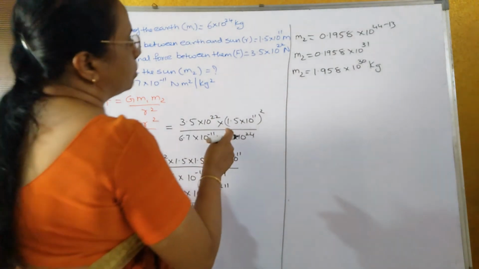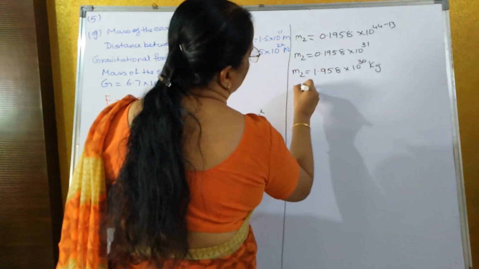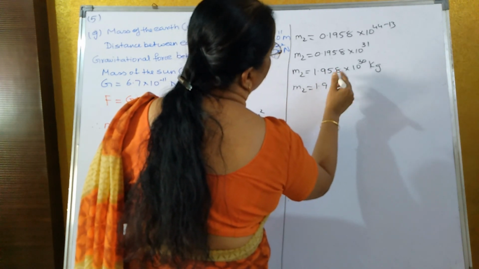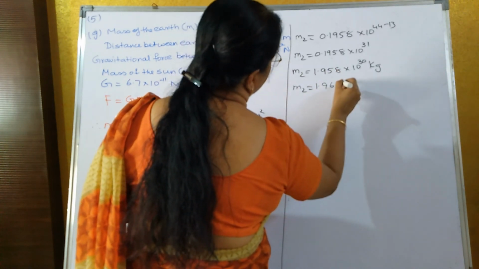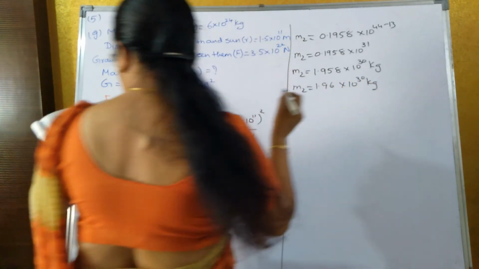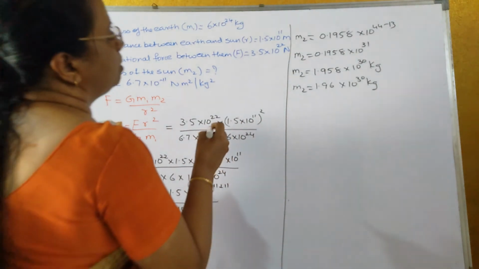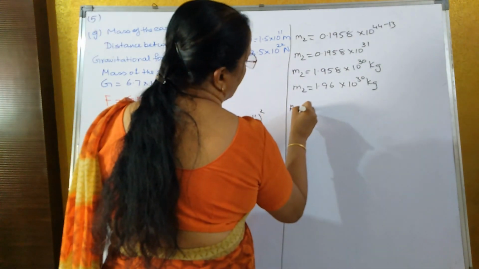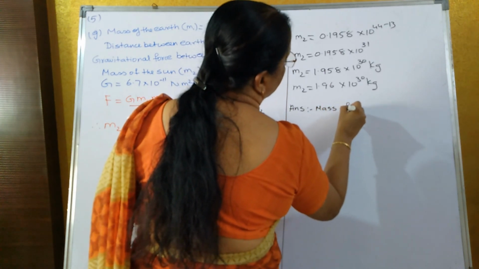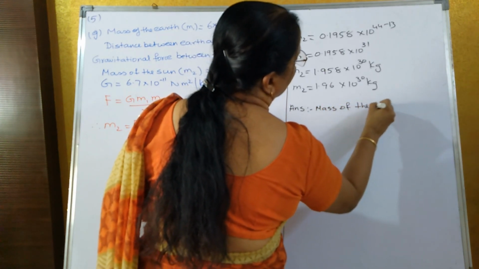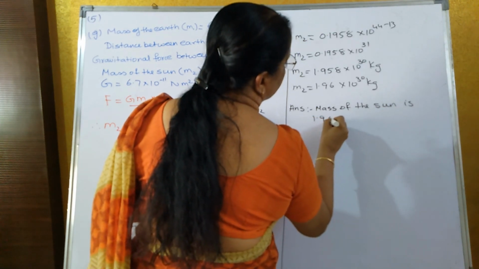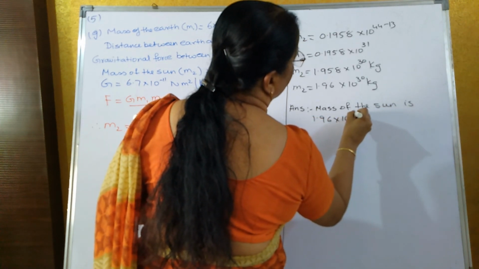You can reduce this: since 1.958 is a bigger number, it will become 1.96 into 10 to the power of 30 kg. So what is the mass of the Sun? Mass of the Sun is 1.96 into 10 to the power of 30 kg.